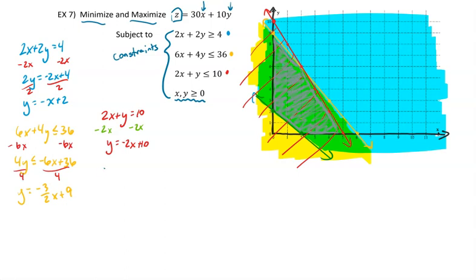Perfect. So what are our corner points? Our corner points are going to be (0, 2), (0, 9).